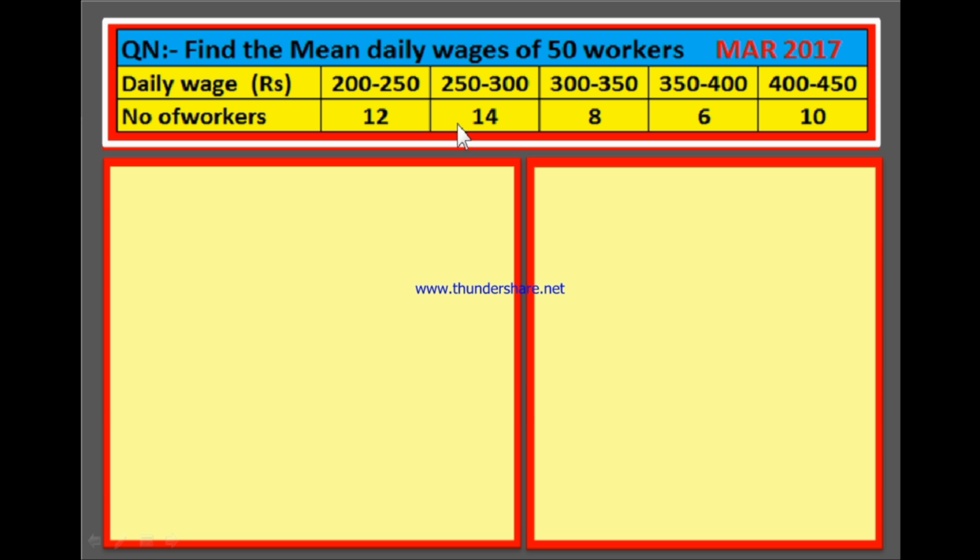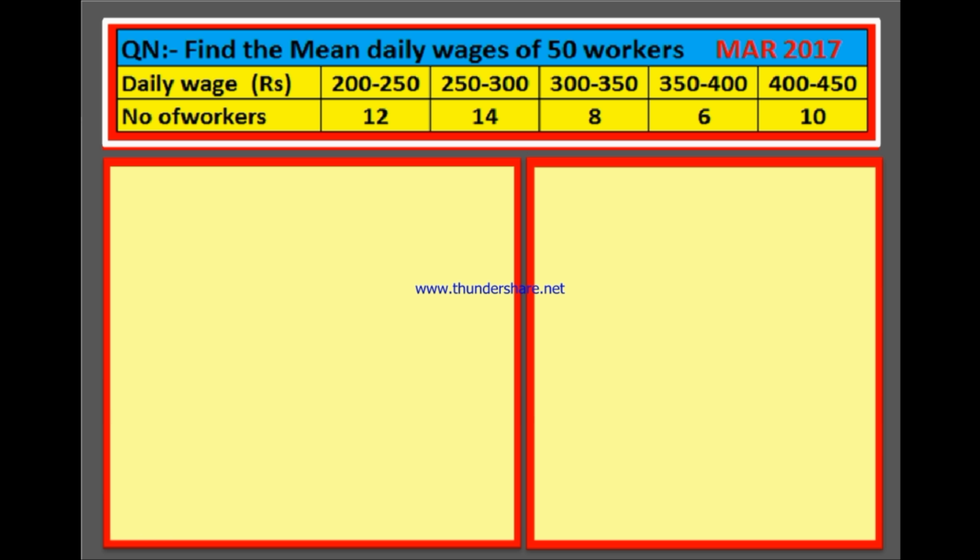These 14 workers get 250 to 300 rupees. These 8 workers get 300 to 350 rupees, these 6 workers get 350 to 400 rupees, and these 10 workers get 400 to 450 rupees as their daily wage. Now we have to find the mean daily wage, or the average daily wage, of 50 workers.